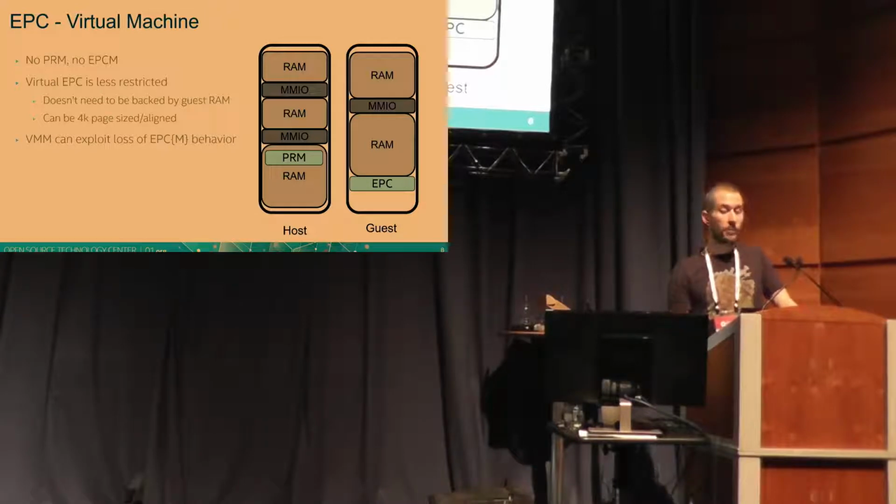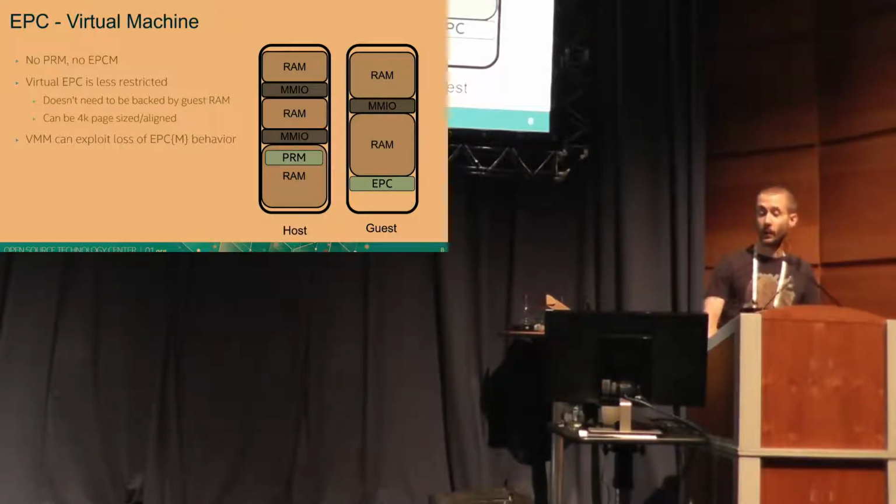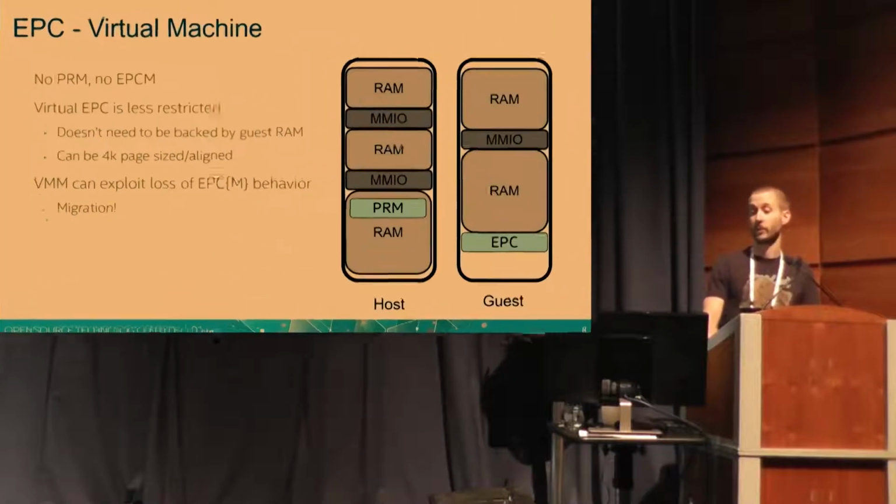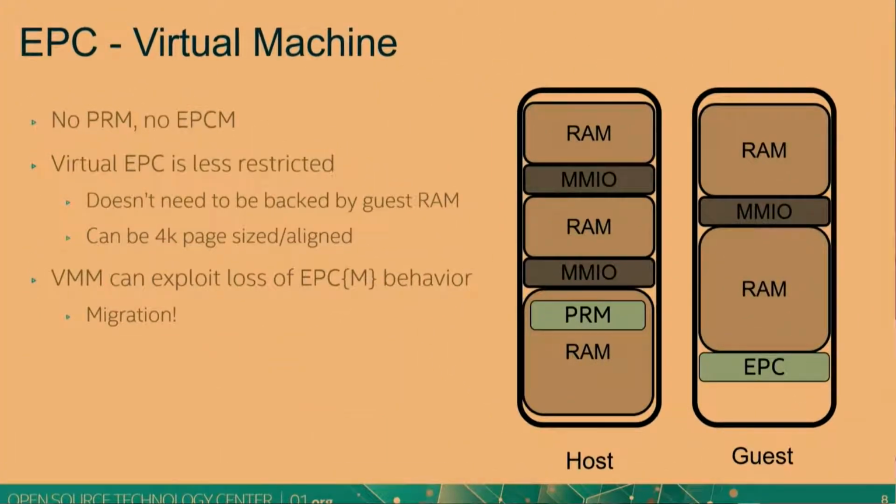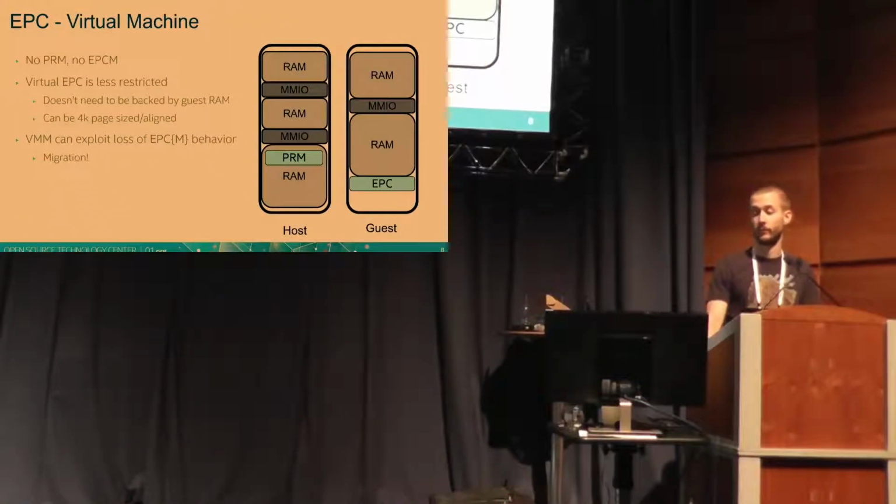That EPCM behavior, where hardware will blast away the EPCM and suddenly everything starts faulting, can be exploited by the VMM to support certain features. Migration, live migration being the big one. Because the key is per CPU and it's ephemeral, generated at reset, migration of the EPC as is today is not supported.